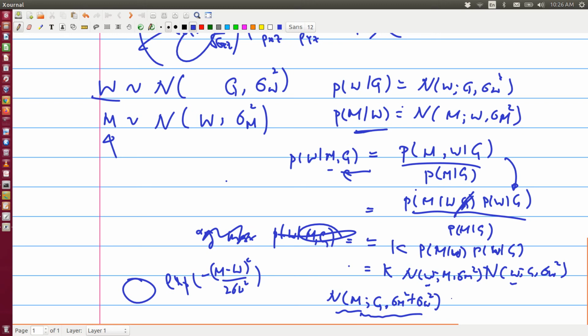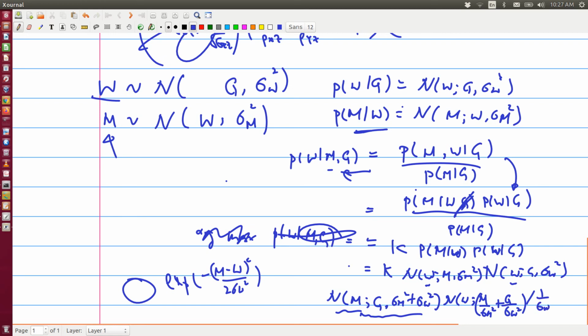This multiplied by this guy gives the normalization factor, but I should also have a Gaussian with mean equal to a weighted sum, weighted by the precision. Precision is just equal to 1 over the variance. So it's m over sigma m square plus g over sigma w square, over 1 over sigma w square.